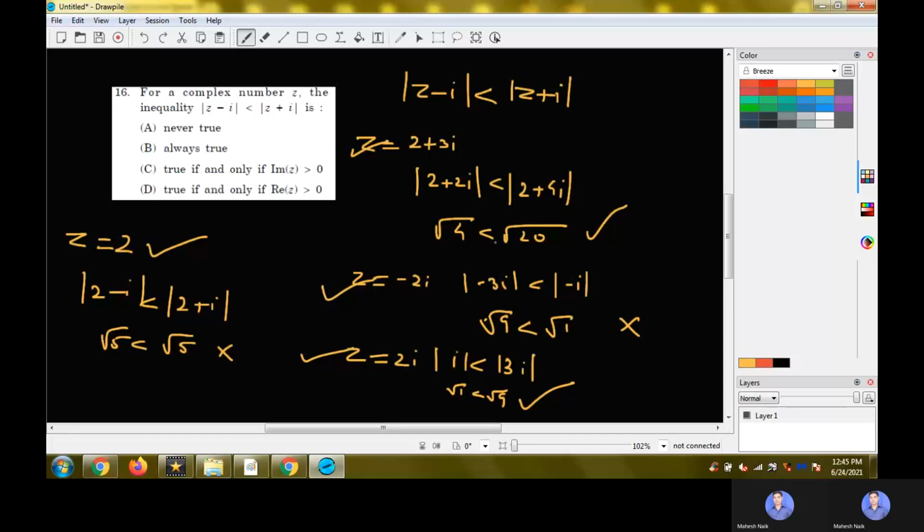It is not true for the imaginary part being negative. So it is true for cases where the imaginary part is positive. So out of the options that we have, we go with 16C. That is, the inequality is true if and only if imaginary part of z is greater than 0.